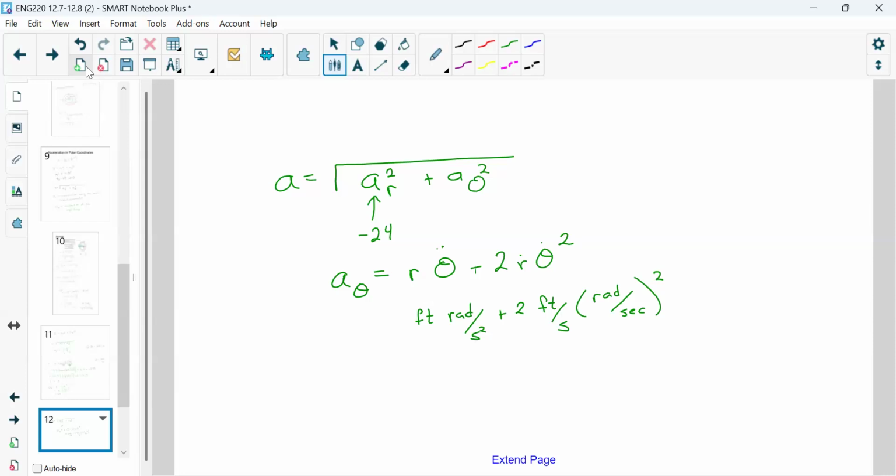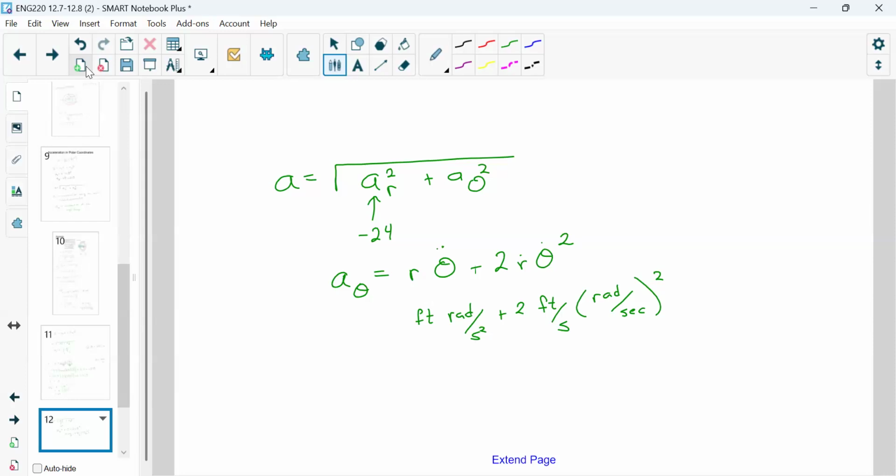R dot, theta double dot's radians per second squared, right? Is R in feet? Yeah, R's in feet.